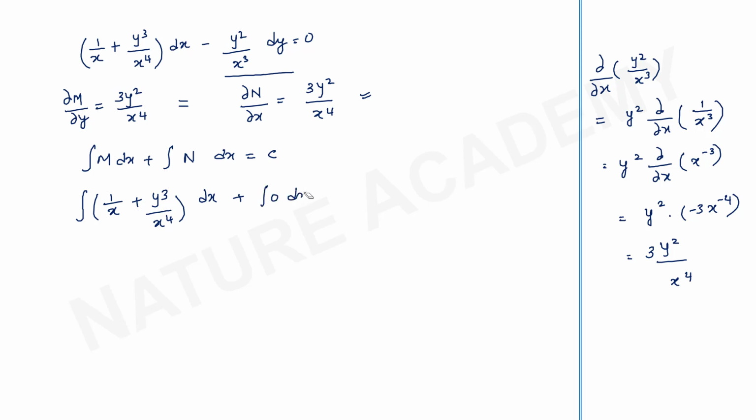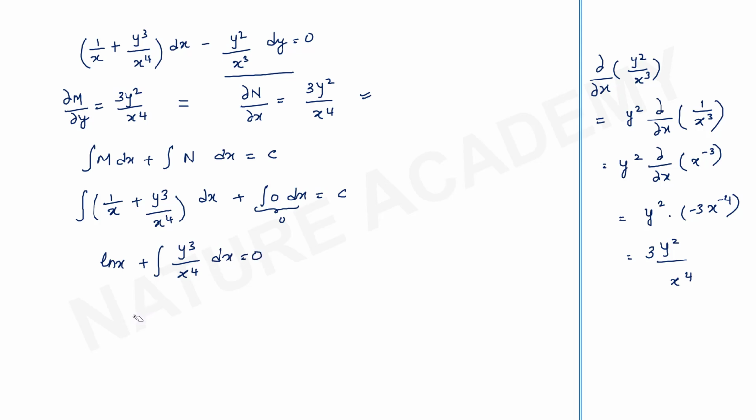Integral 0 into dx is equal to c. So this is going to become 0. And in the left hand side you have integral 1 by x into dx will be log x plus integral y cube upon x raised to 4 into dx.